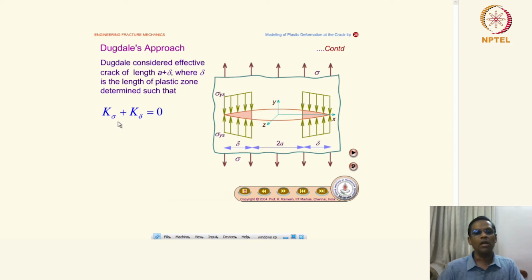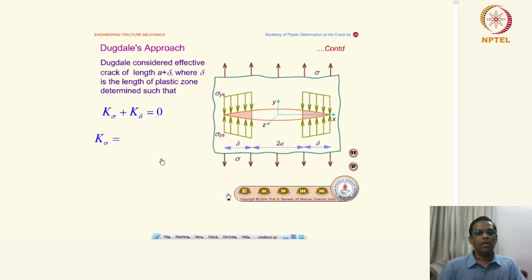Kσ is related to the crack tip singularity, and Kδ is opposite, the cohesive force, which is compressive with the magnitude of σys in this model. We'll see this animation again.